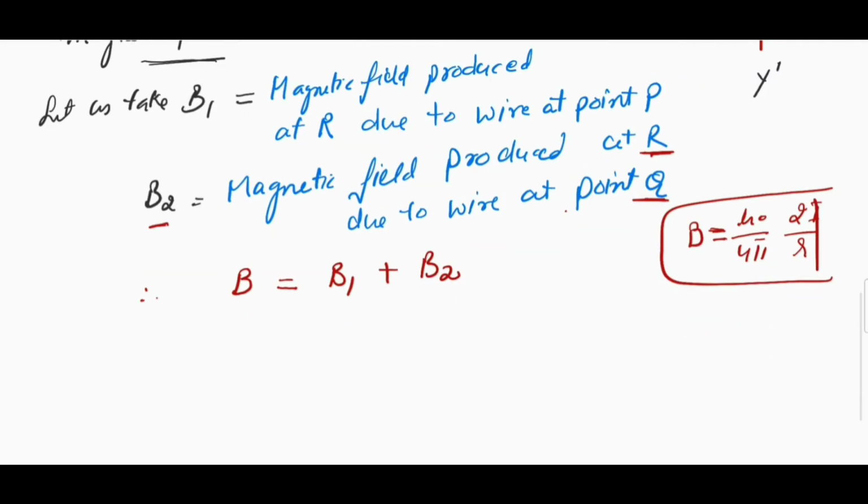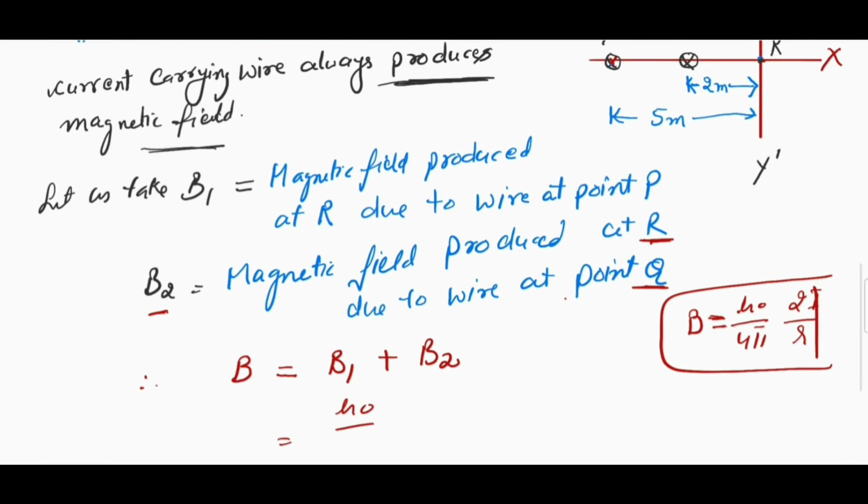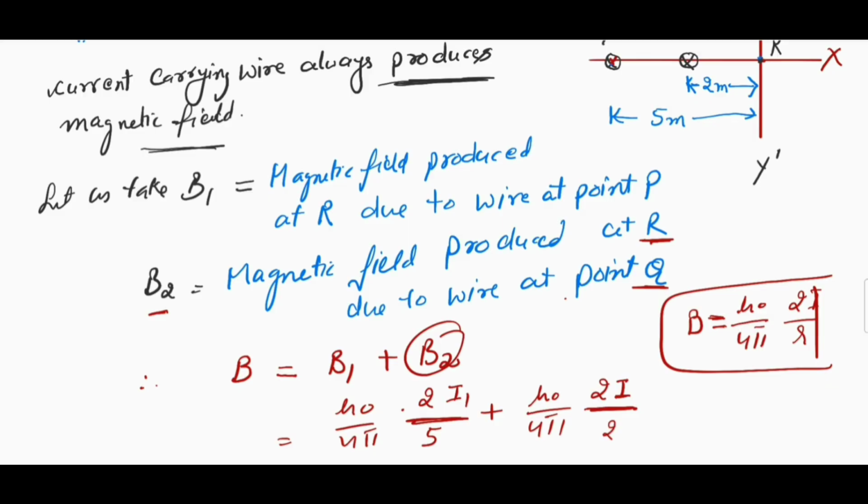So we can write here the value of B1. B1 is equal to μ0/4π times 2 times I, the current flowing through the wire at point P, which is I1, divided by R, the distance of P from R, which is equal to 5, plus μ0/4π times 2 times the current flowing through the wire at point Q divided by R, which is equal to 2.